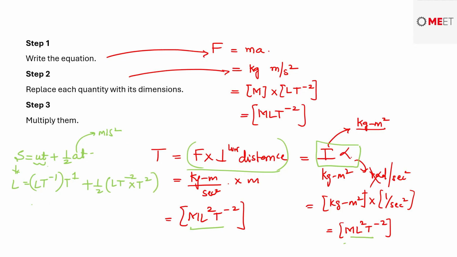Overall, if you solve this equation, you get the units as L only. Don't add these, but check the individual terms, that is ut and half at square. I missed writing square over here. So this is how a dimensional formula can be obtained for a given physical quantity.